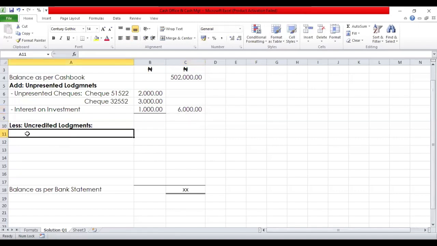Then uncredited lodgement. You have uncredited check. Any number for that? No number, sir. How much? 2,000. The next one, bank charges.